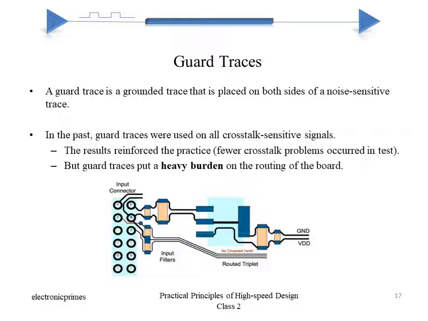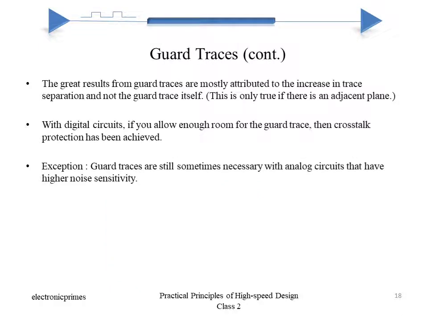But guard traces put a heavy burden on the routing of the board because of the spacing. The great results from the guard traces are mostly attributed to the increase in trace separation and not the guard trace itself. This is only true if there is an adjacent plane.